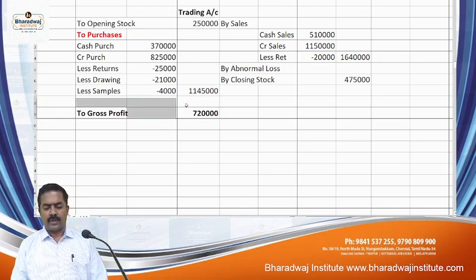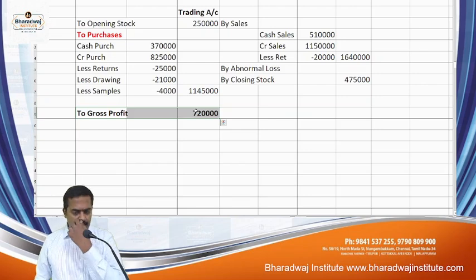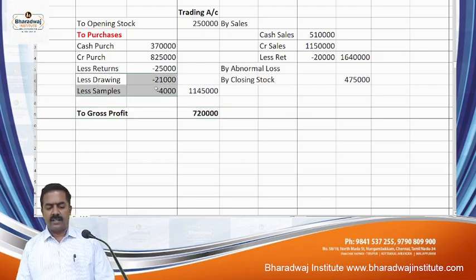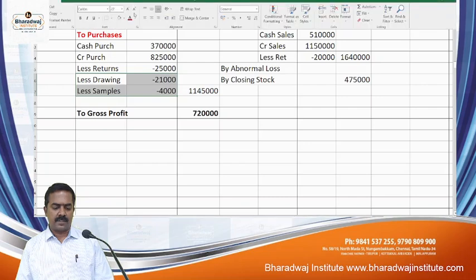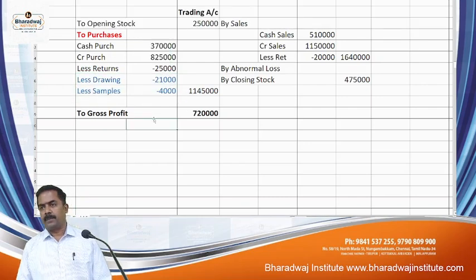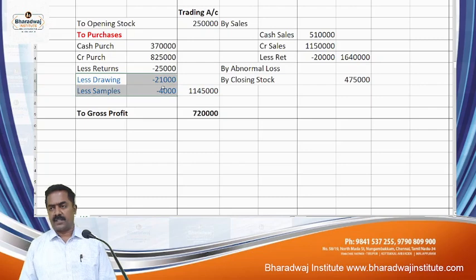Seven lakh 20,000 is your which profit? Gross profit. This we have learnt already. Goods taken for personal purpose, goods used for advertisement purpose should be eliminated from what? Purchases.